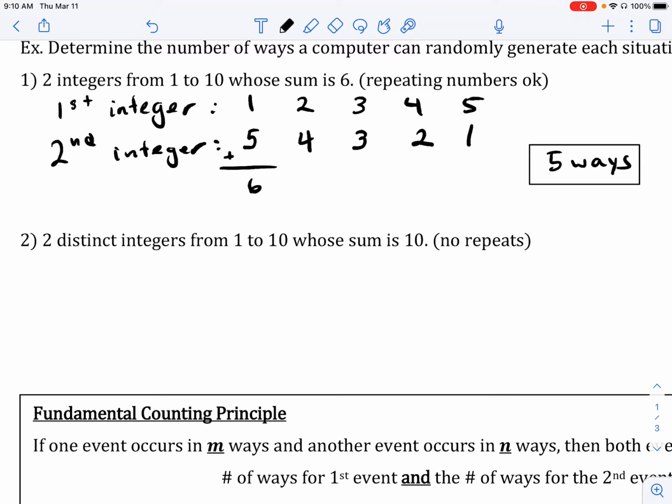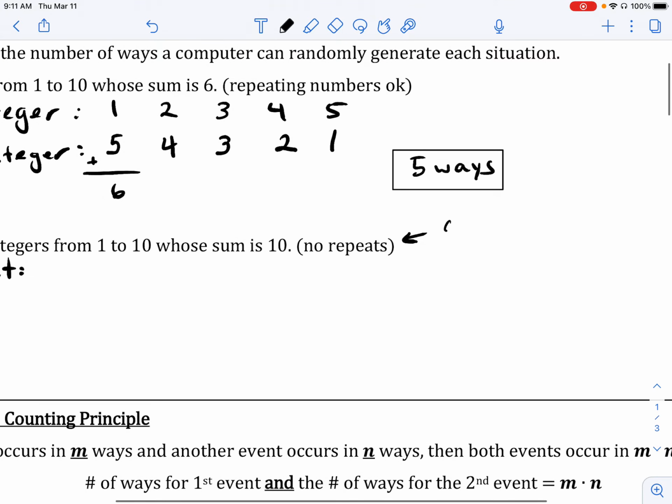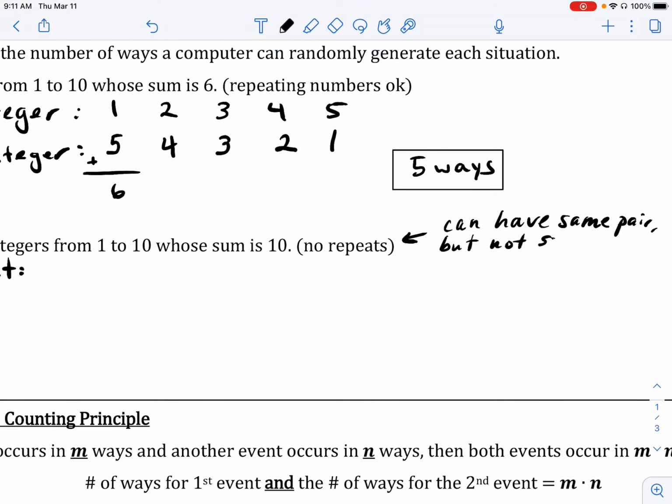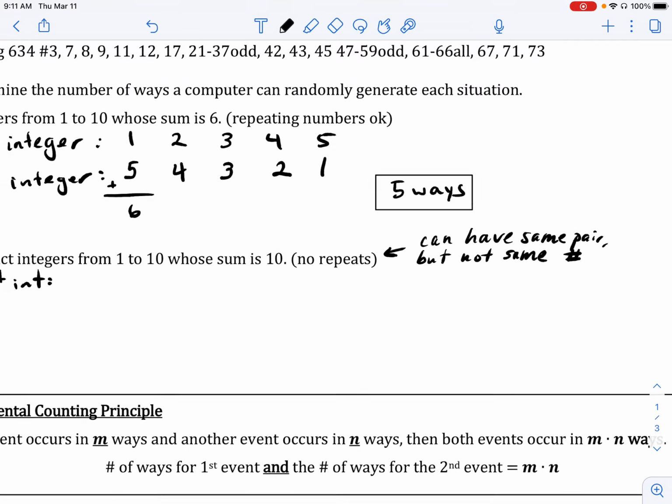So we can have the same pair, but not the same number. Again, that means we can't have something like a 3 and 3.